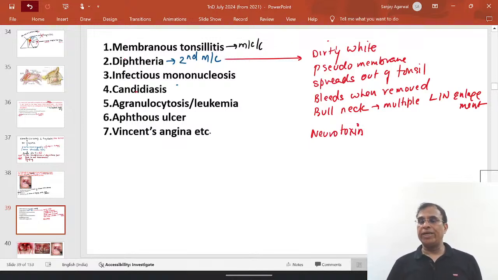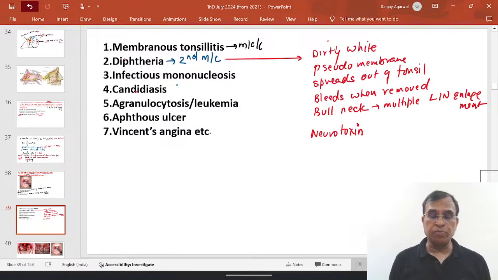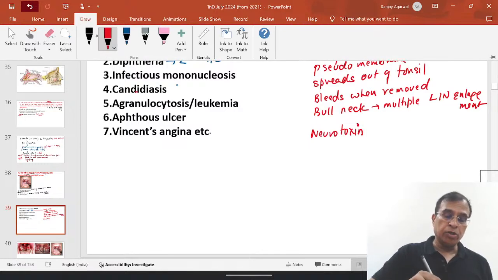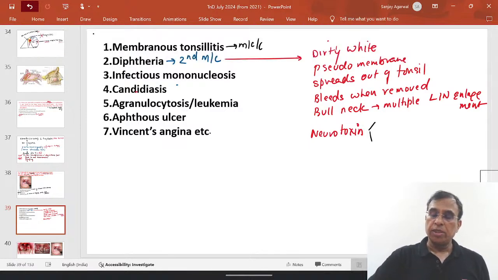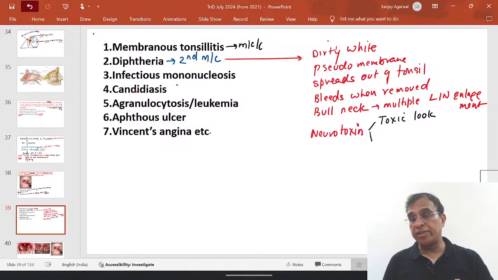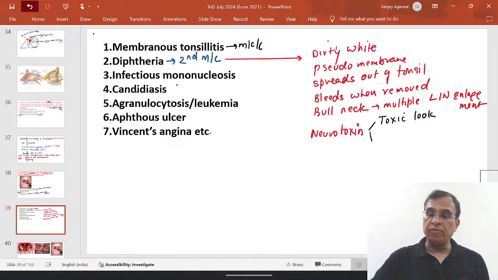It is dirty white, it is a pseudo membrane, it spreads out of the tonsil, that was seen in the image also. It bleeds when you try to remove, it causes bull neck, and neurotoxin does two things. It gives toxic look of the child. That's why in the question it is written toxic look of the child, and it involves the recurrent laryngeal nerve, and this causes vocal cord palsy, and vocal cord palsy causes hoarseness of voice.